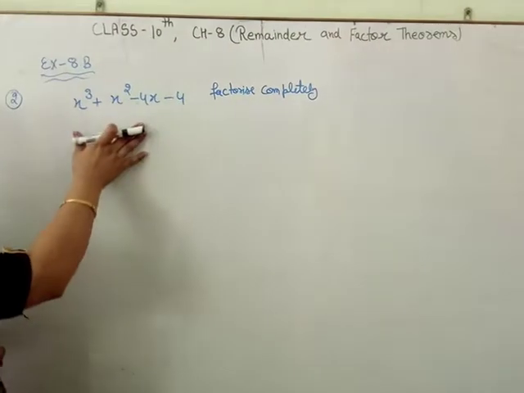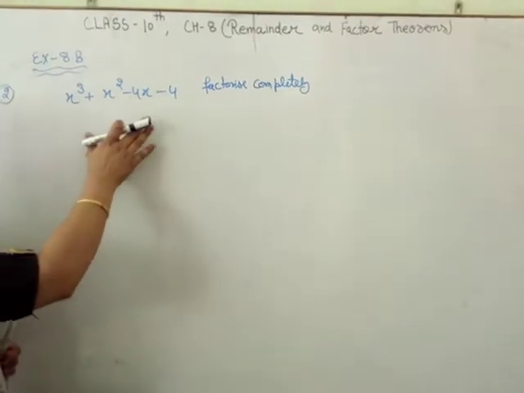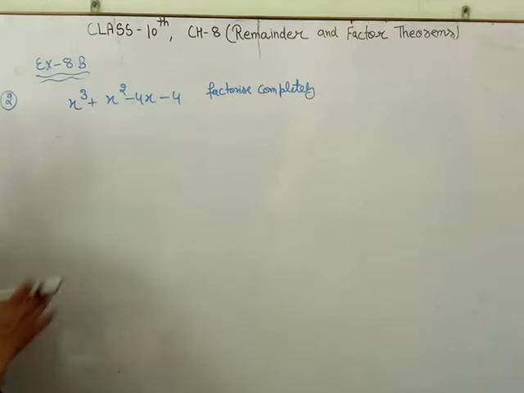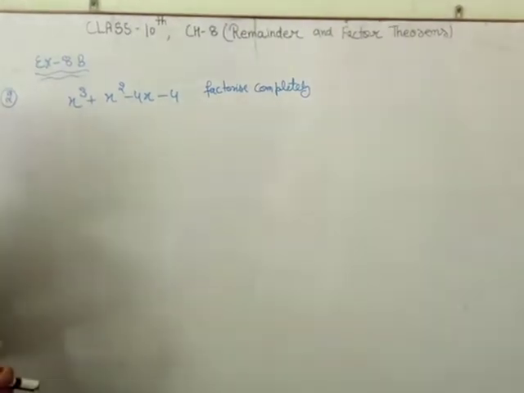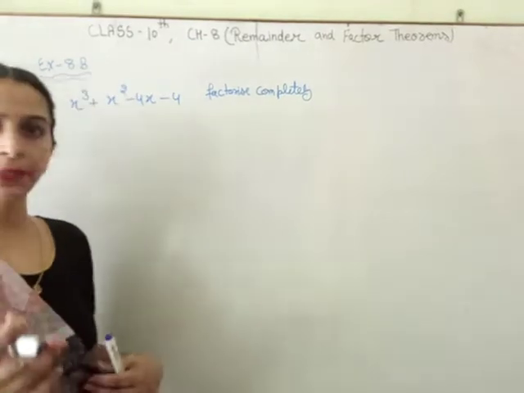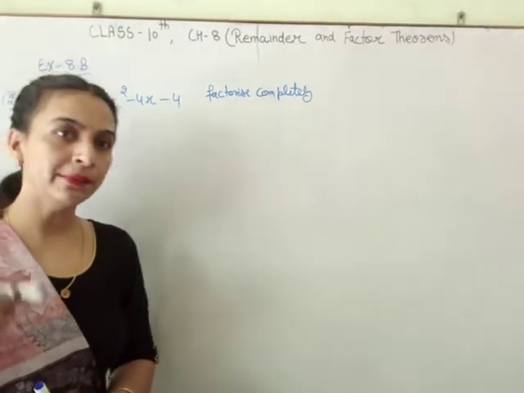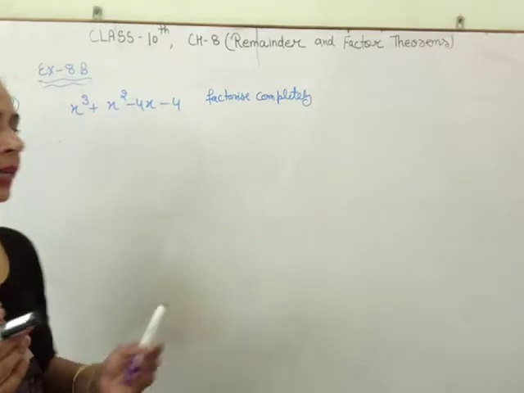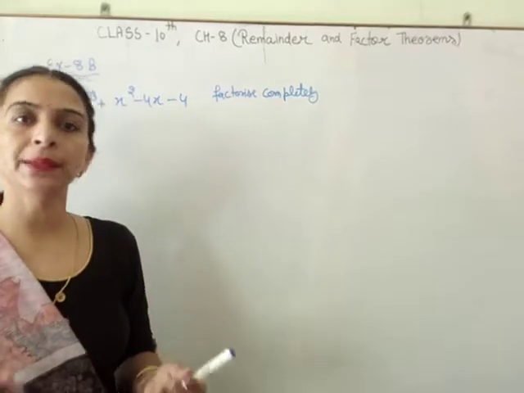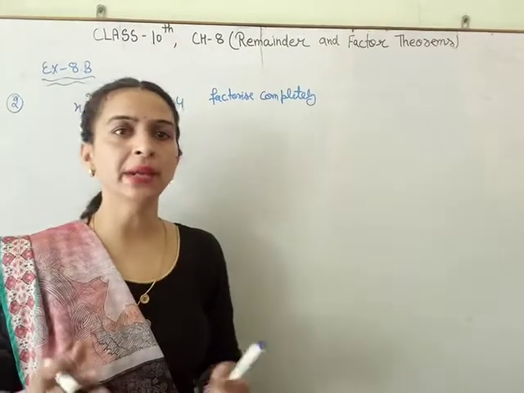Student, this is a given polynomial. By using the factor and remainder theorem, factorize completely. We find this expression completely. Student, we know that in a quadratic equation we find the factors. If we find factors of a quadratic equation, there is taking common out, grouping method, splitting the middle term, and a square minus b square.